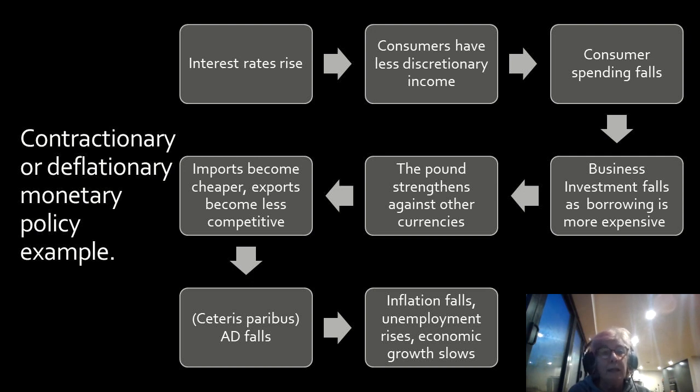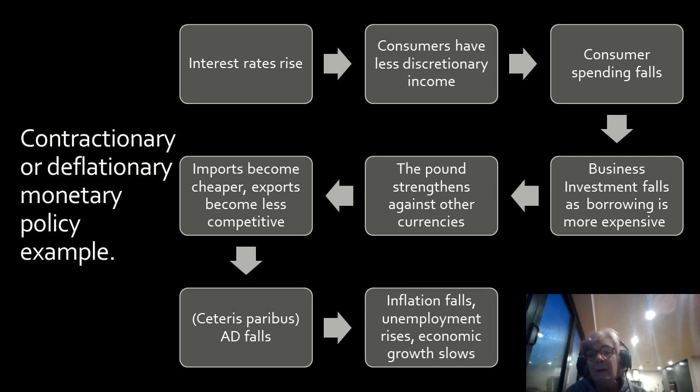They might put rules in place to make that more difficult, but the effect is the same. Interest rates rise. Now, most people in the UK borrow money to buy their house. They have a mortgage. So if interest rates rise, we're all going to pay more for our mortgage, and therefore we have less money to spend. We have less discretionary income as consumers, and so our consumer spending falls.